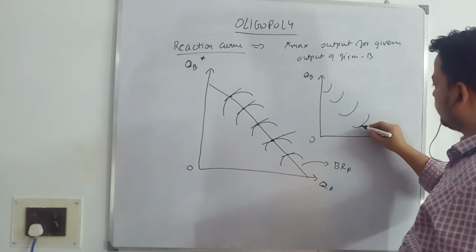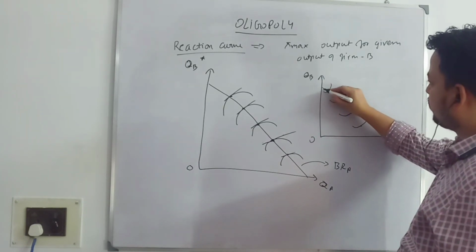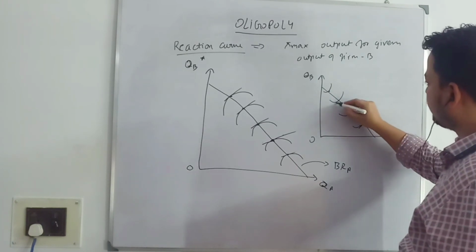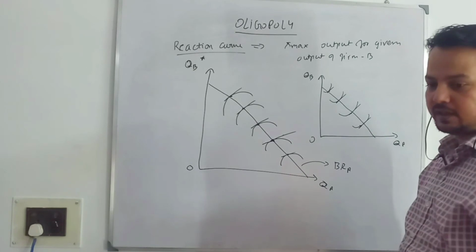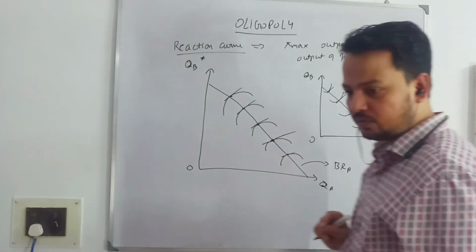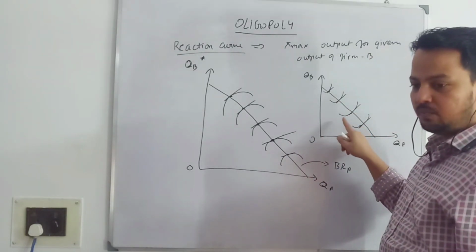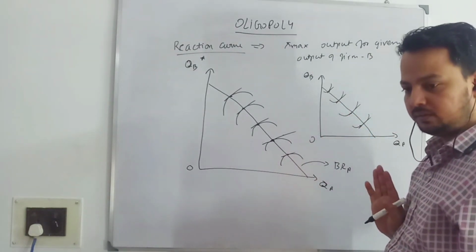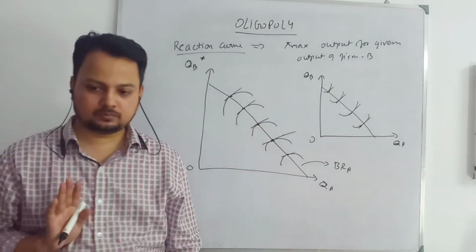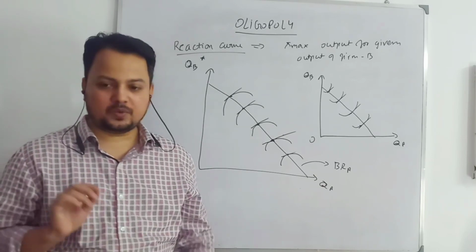Take the highest points and you will draw the reaction curve of firm B. What is the reaction curve of firm B saying? It is the profit maximizing output for firm B for a given output level of firm A. Is that clear to everyone? Yes, no? Okay, we have done that.